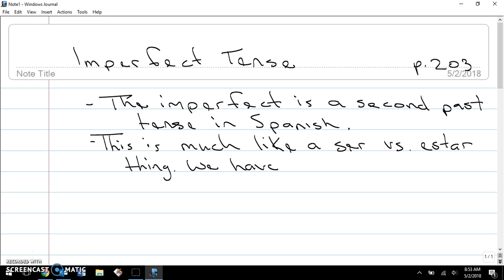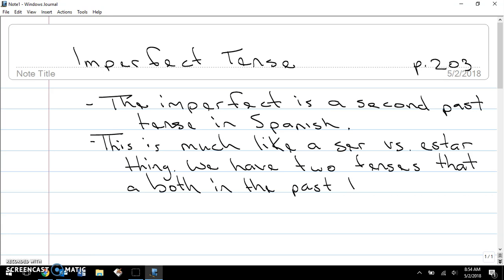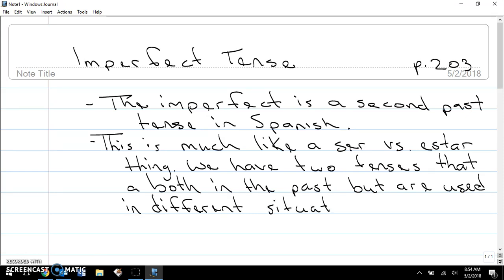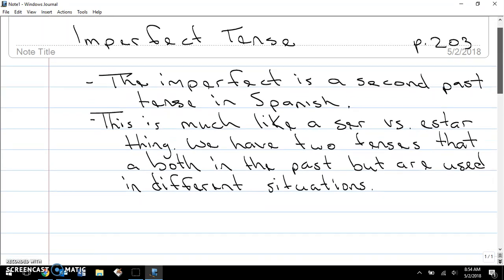We have two tenses that are both in the past but are used in different situations. The first digit of your code is a 2.